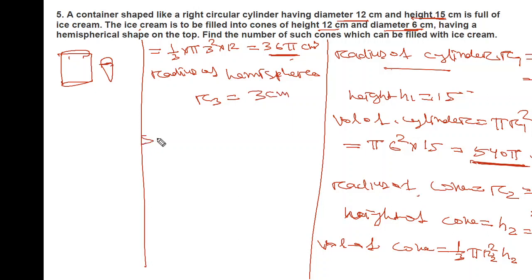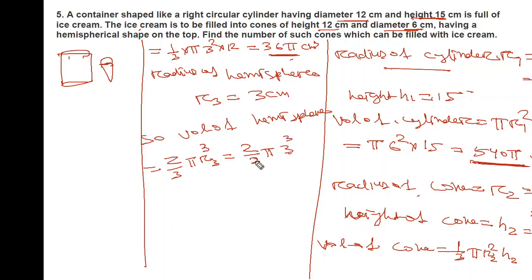So volume of hemisphere is equal to, you know the formula for volume of the hemisphere, it is 2 by 3 pi r cube, where r is R3, so it will be equal to 2 by 3 pi into 3 cube.